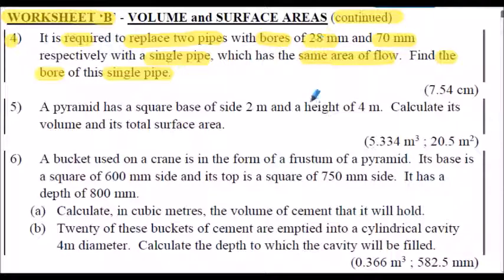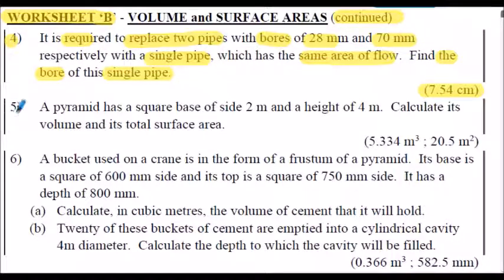So essentially you have to calculate the area of the 28mm bore and then the area of the 70mm bore, add them together. Then using the appropriate formula, you have to find the diameter of a single pipe that has the same combined area. I'll let you review that at your own pace, but the answer is shown here in the bracket, but notice it's in centimetres.